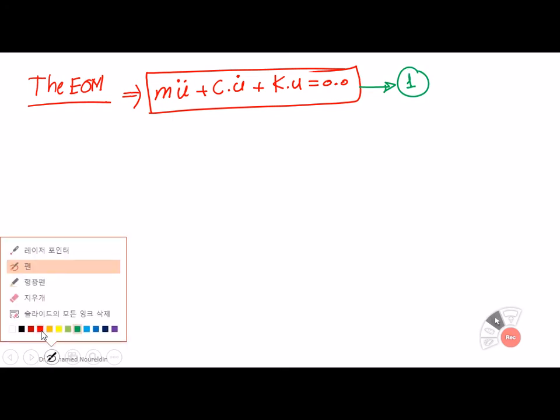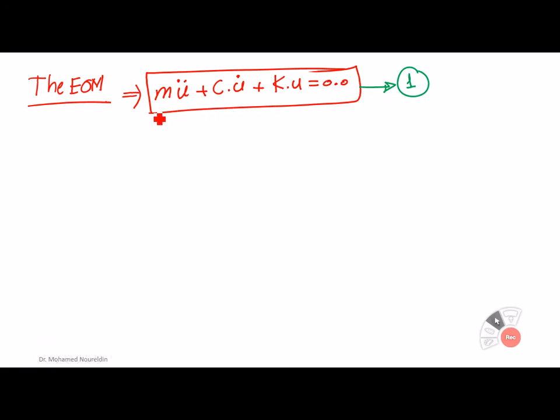The point is, we are going to deal with our system as if damping is there. So this term, which is c u dot, was not there before in the previous undamped system, but here it is existent.